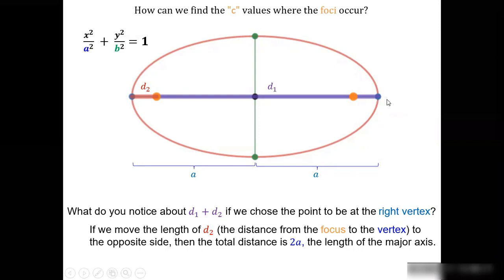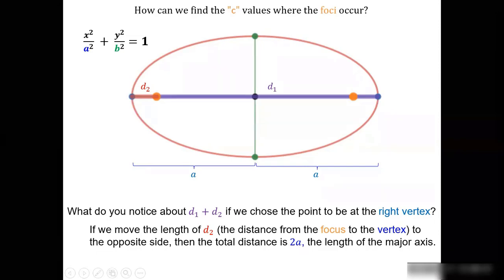So that must mean that the total distance of the purple, D1, plus the red, D2, is actually the entire length of the major axis. So since the left length is A and the right length is A, then that means the D1 plus D2 is 2 times the A value. Turns out that that's true no matter what point you pick.